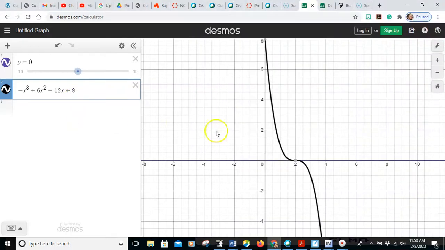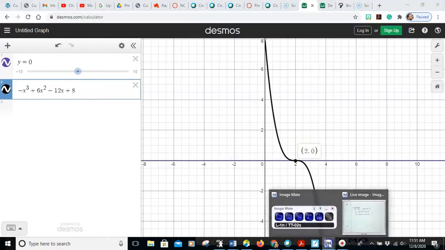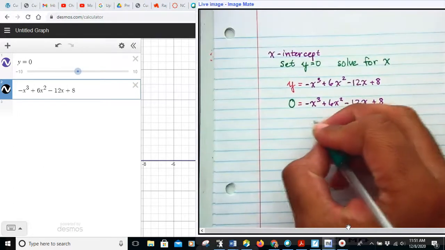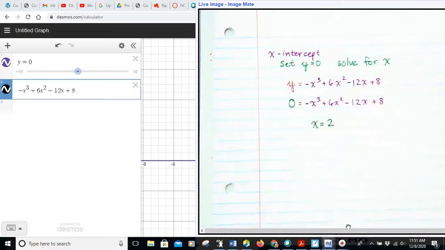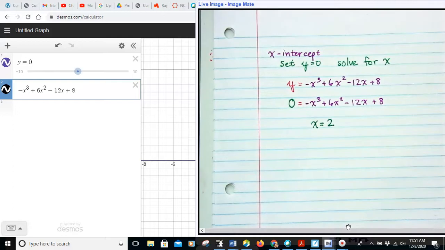Where is it that they actually meet each other? And that's at that point right there. So we see that our y value is 0 like it's supposed to be. Our x value right here is 2. So our x-intercept, I'm going to pull this back up so you can see it, equals 2. All right, x-intercept is 2.